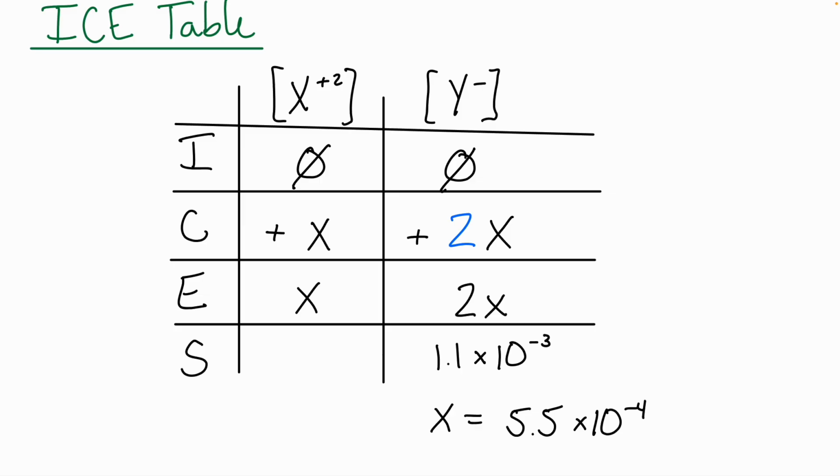Right? So then using our ICE logic here, we're going to plug in, this is my value for y at equilibrium. My value for x at equilibrium, my cation, is just that, I guess, yeah. My cation is that 5.5 times 10 to the -4.